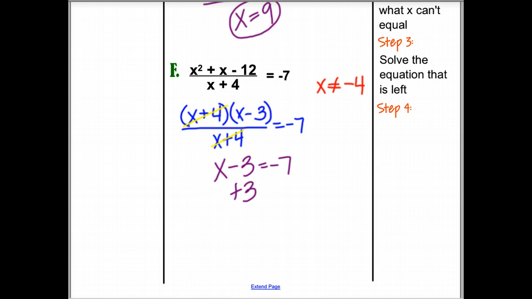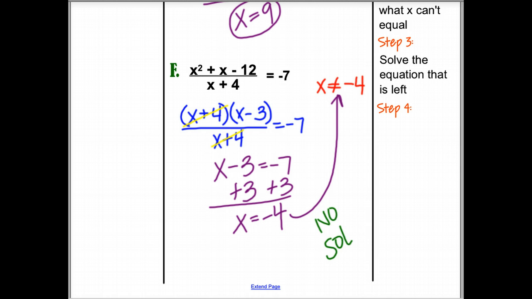If I add 3 to both sides, I get x is equal to negative 4. But as you can see, we said x cannot equal negative 4, which in this case means that we have no solution. So you need to make sure you're careful of what leaves it undefined to solve it. And so we also want to make sure we check our solution.